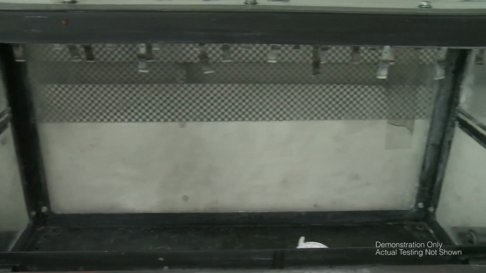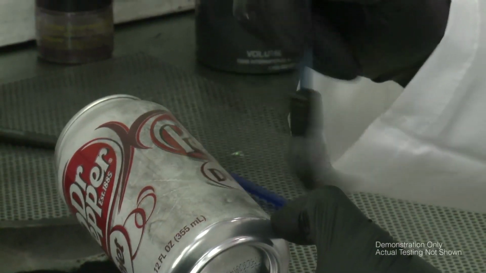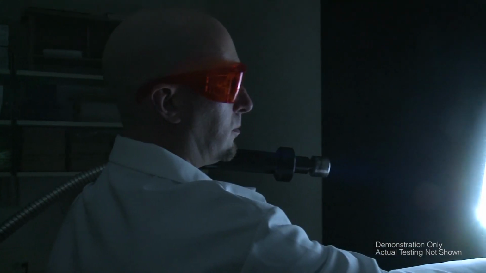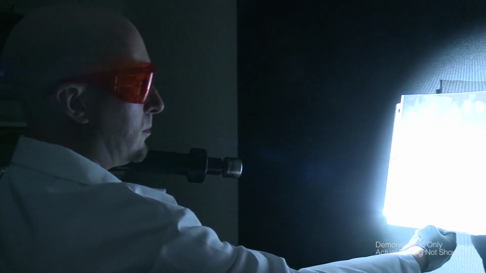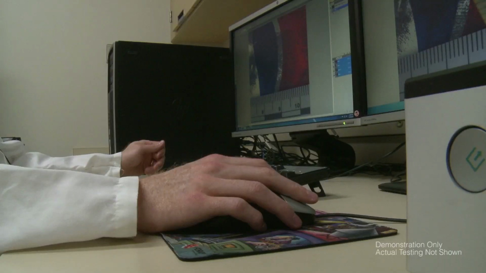Most often we will use superglue fuming in addition to powdering, chemical development such as ninhydrin, or the use of a fluorescent dye stain coupled with an alternate light source, or ALS, in order to be able to see these prints fluorescing. One of the tools we utilize in visualizing latent prints is Photoshop.